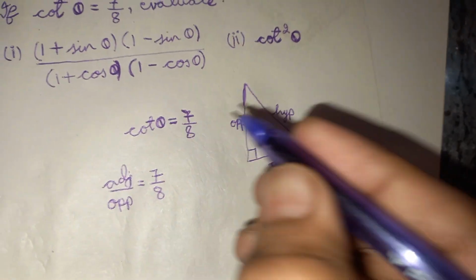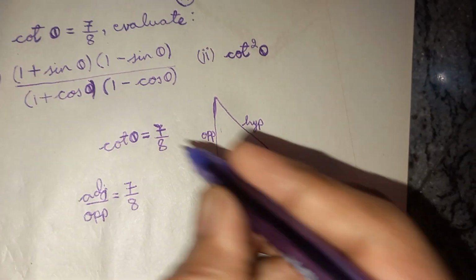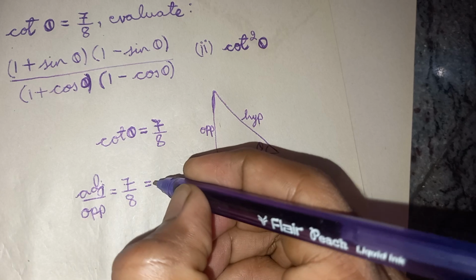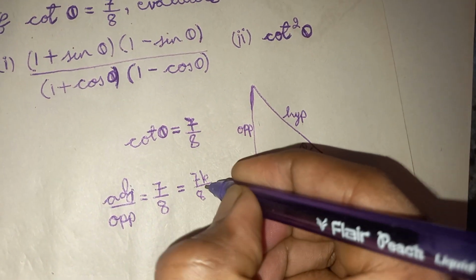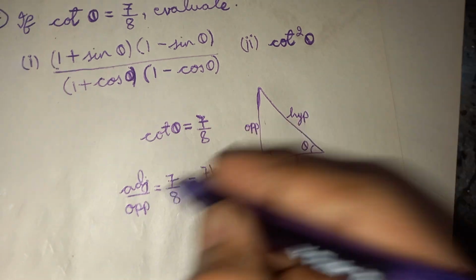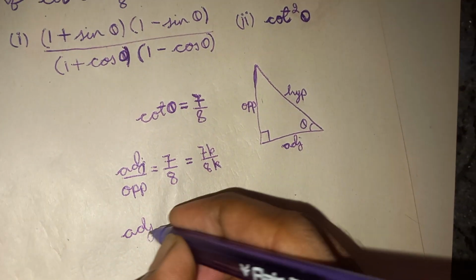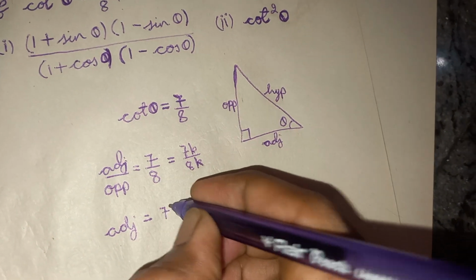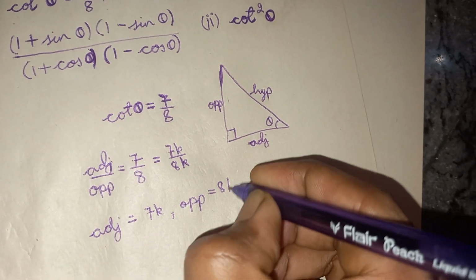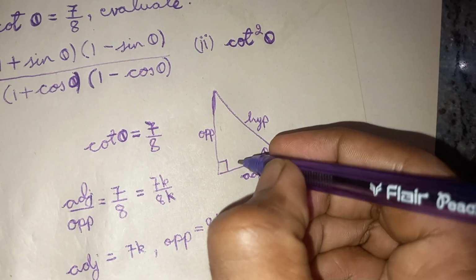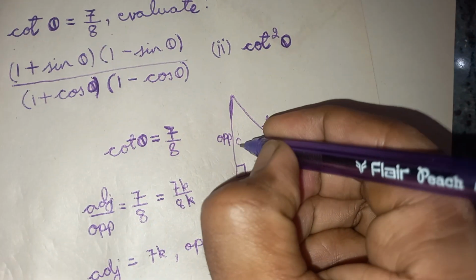Let's name the common factor k, so this is 7k by 8k. The adjacent is 7k and the opposite is 8k.